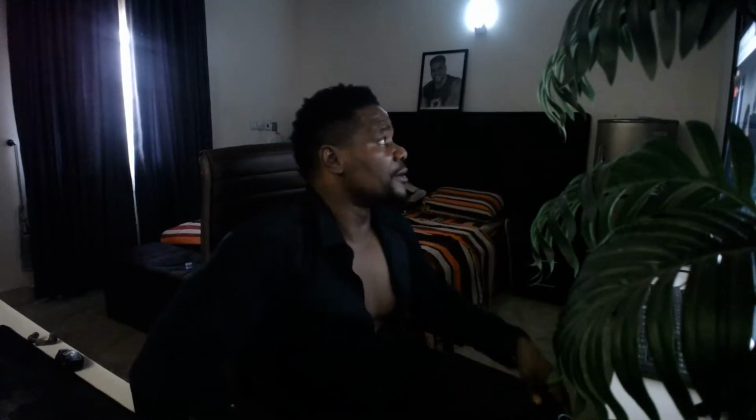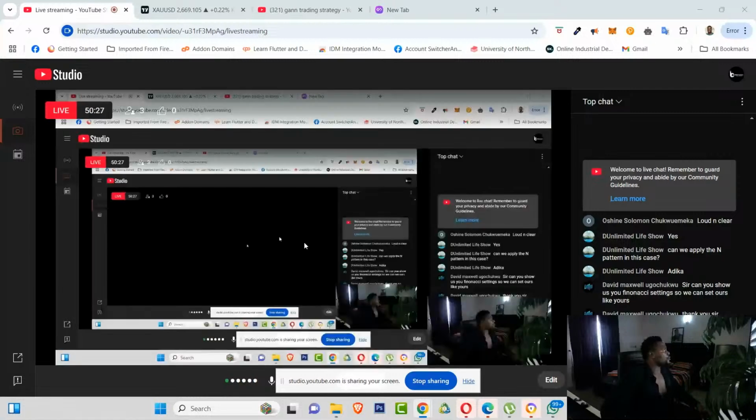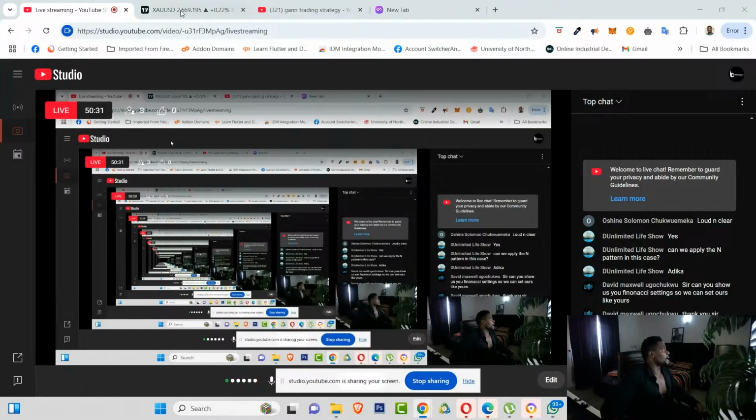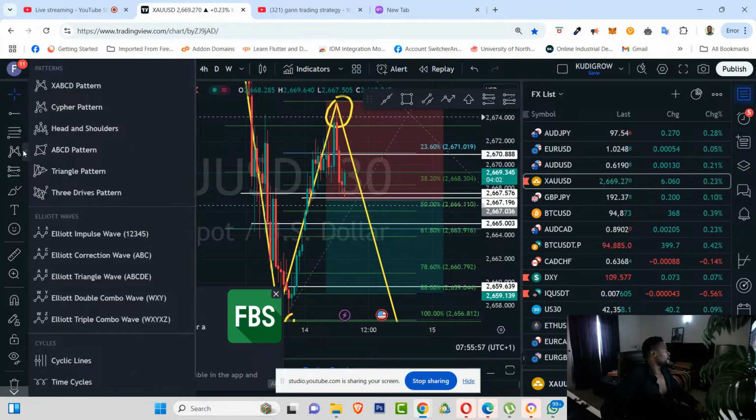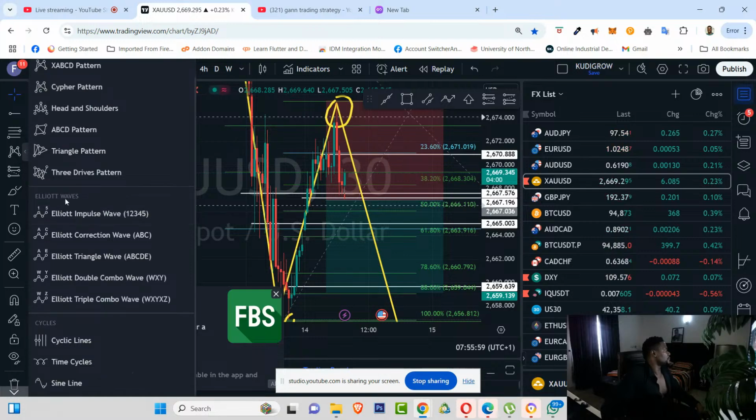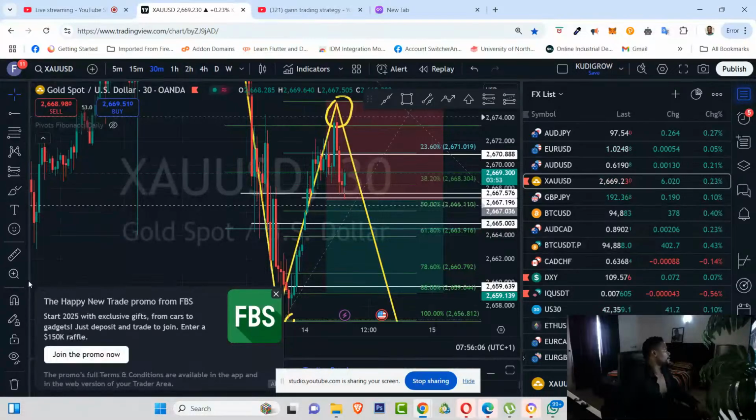For instance, if you look at TradingView here, you will see there are some GAN tools. You have some GAN tools on TradingView right about here. I think it should be in drawing. We have some GAN fans, GAN tools.